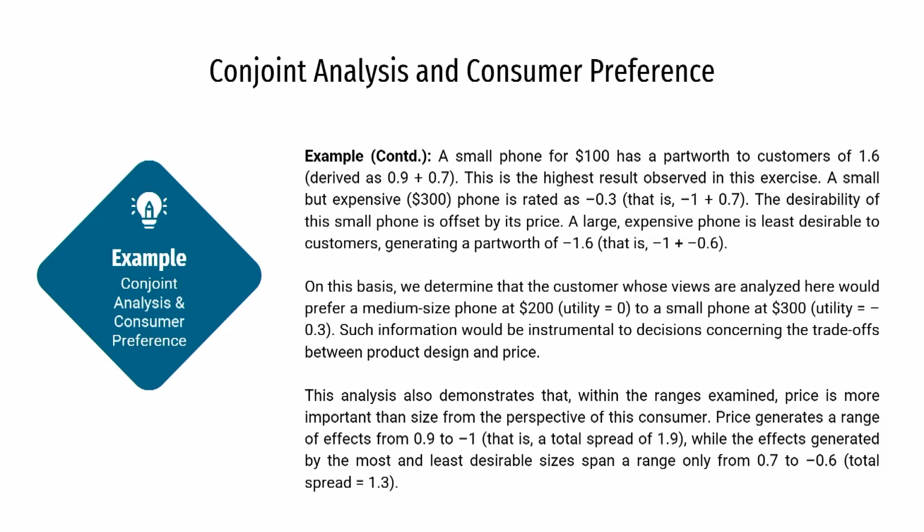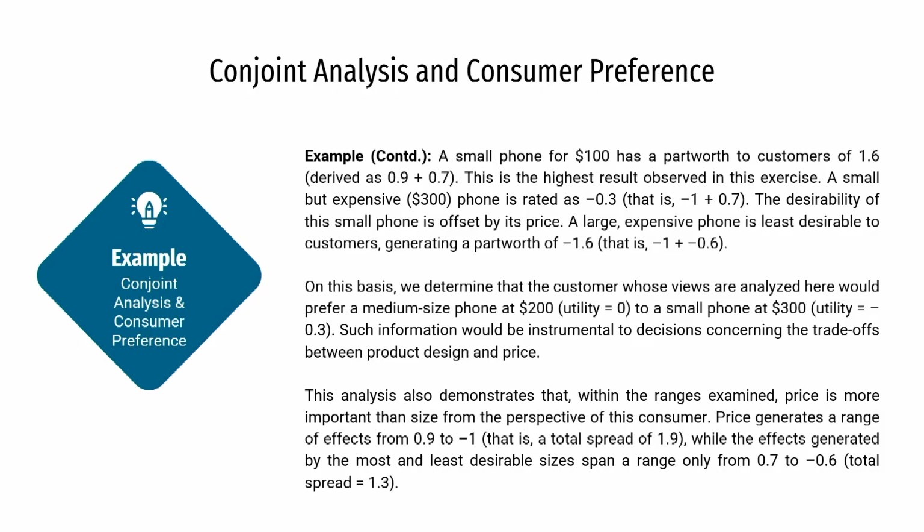So this is how we can put the part words. Basically what we are trying to do here is, if you sum up all the part words for each of these attributes, it will give you a value of 0, which means we are just normalizing the part words. A small phone for $100 has a part word to customers of 1.6.